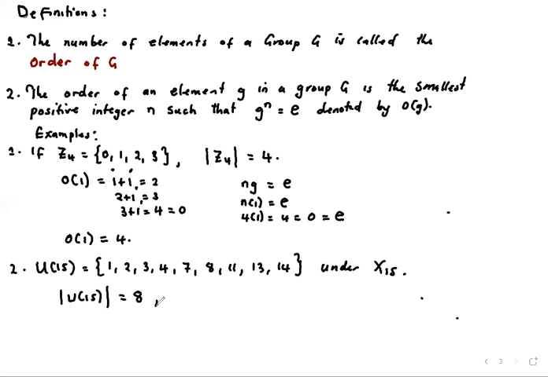You must remember the modular thing. It also helps to get the order of elements. Sometimes you can get the order directly. Remember, when it is multiplicative, we want g^n equal to E.